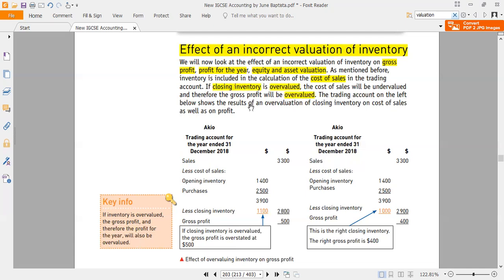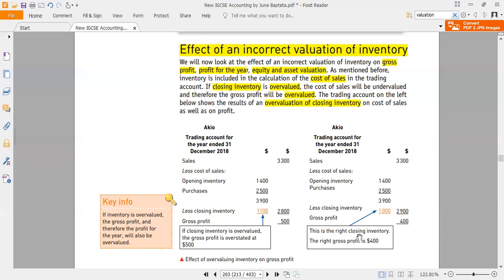The trading account on the left below shows the result of overvaluation of closing inventory on the cost of sales as well as on profit. Overvaluation means, if it is overvalued, then what will happen? Profit will be overvalued. Let's look at the trading account.